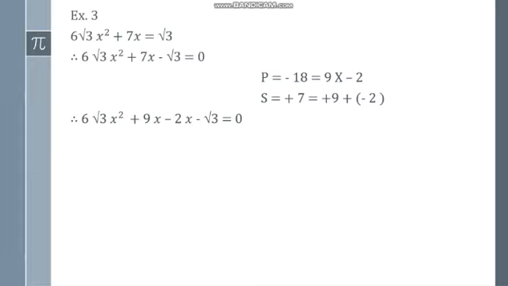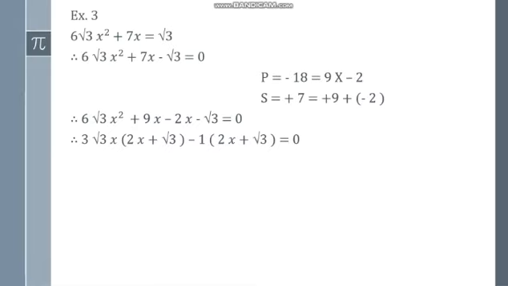In the same way we consider the first two terms, 6√3x² + 9x. In 6 and 9, 3 is a common factor, and 9 we can split as √3 into √3.